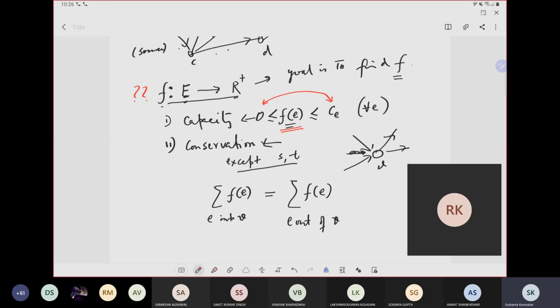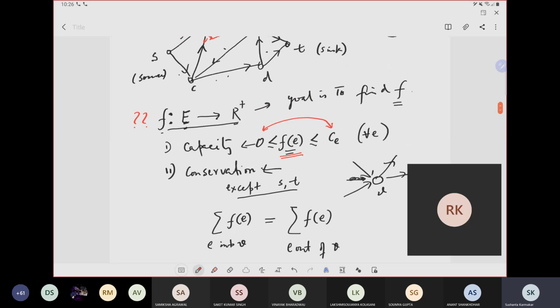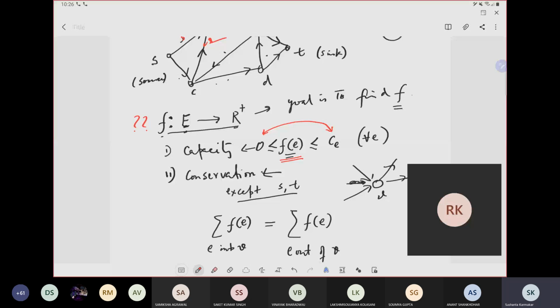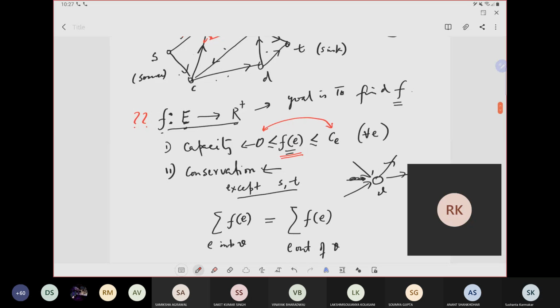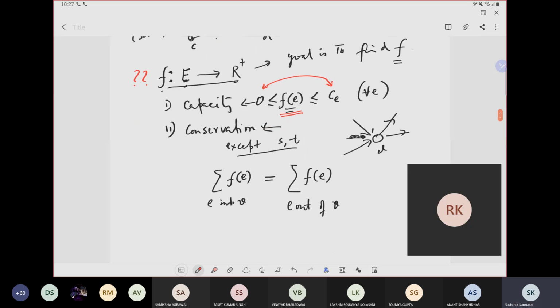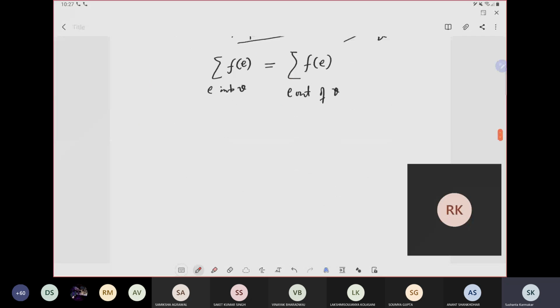So basically, you can think of this as a function I need to design such that it assigns a mapping for every edge. There is a real number, and it satisfies these two conditions. Now you can actually design many such functions.